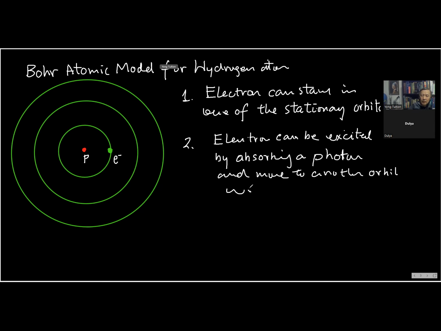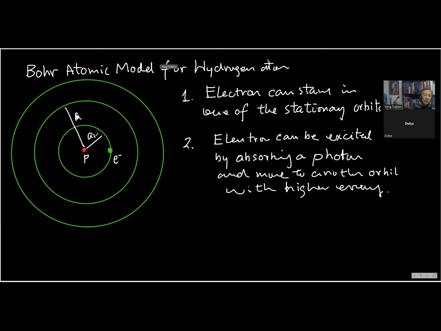With higher energy. So each orbit corresponds to an energy. Okay, higher energy. Now this is the Bohr model. So this is A1. So this is A2.